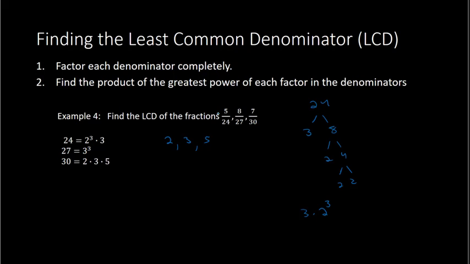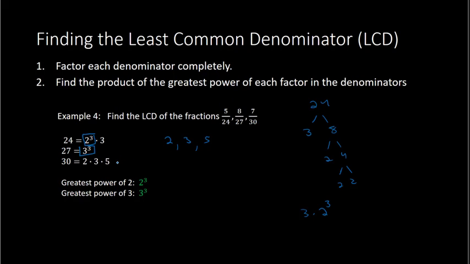Well, we take whichever one has the greatest power of each. So for example, the 2's, we see the most 2's are here with the 24. So that's 3 of them, so we take 3 2's, so 2 to the third power. Looking at the 3's, we see 27 has the most 3's with 3 of them, so that would be 3 to the third power.